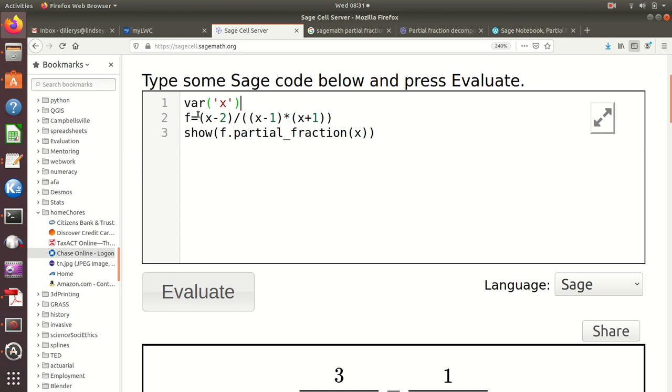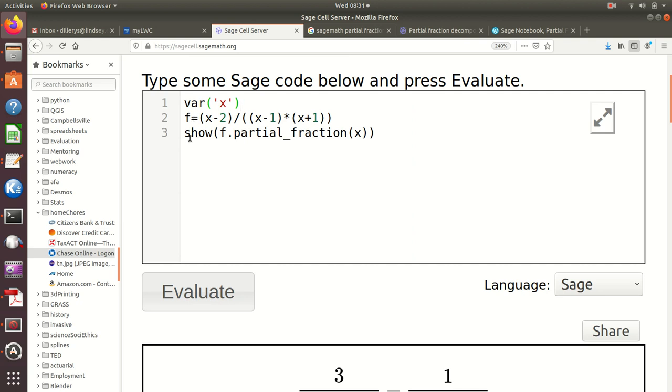So I define x to be a symbolic variable. Then I took that x minus 2 divided by x minus 1 times x plus 1. Notice lots of parentheses to make all this work. And I set that equal to f, my fraction.